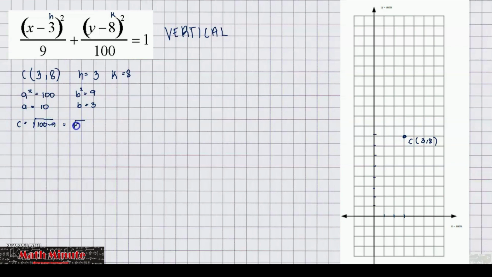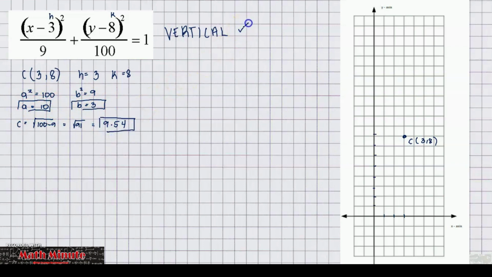That would be equal to square root of 91. In decimals, square root of 91 is 9.54. So we already have the value of a, b, and c.